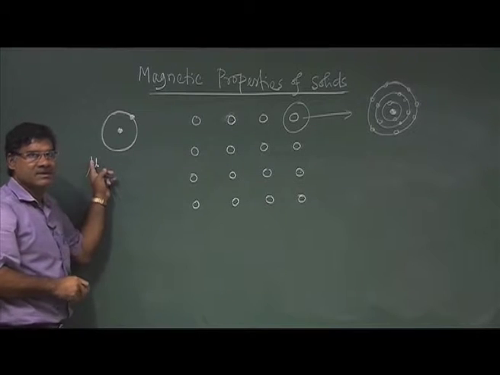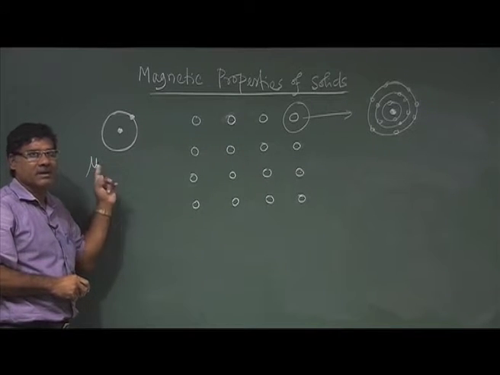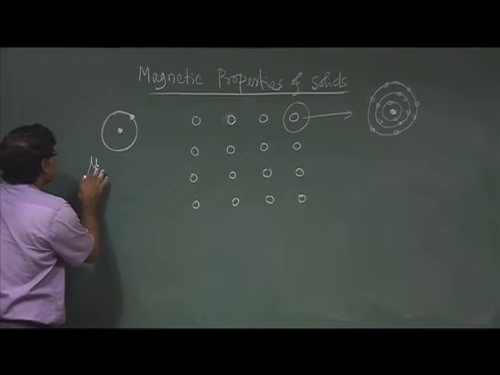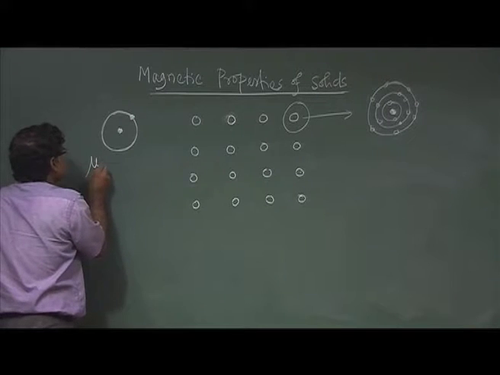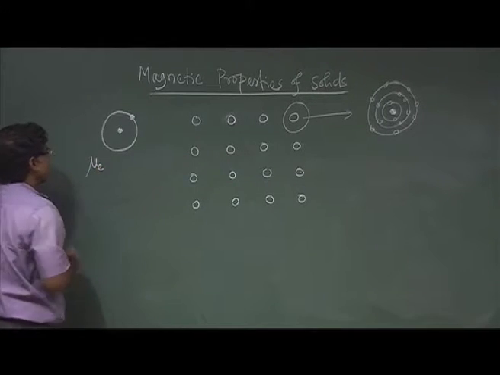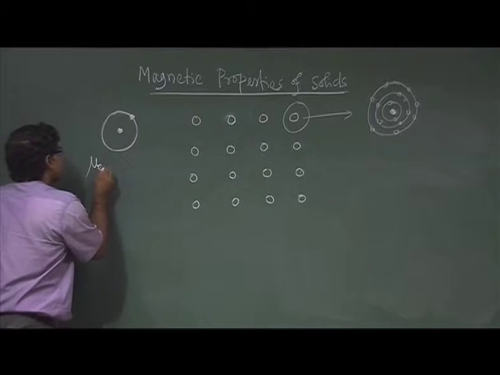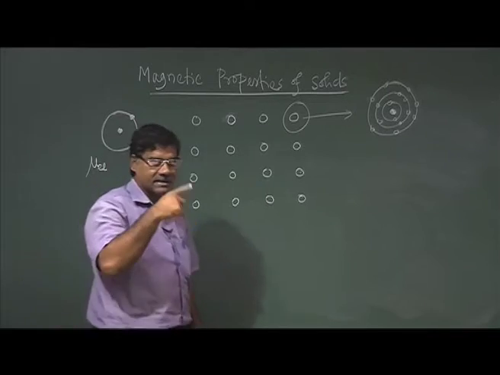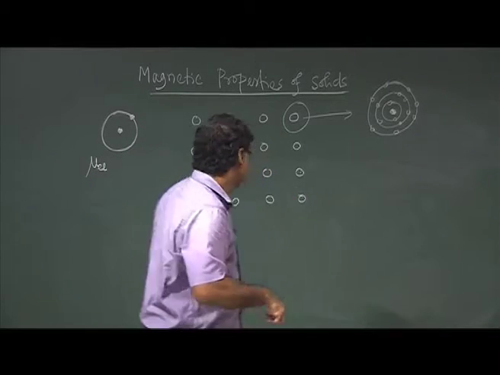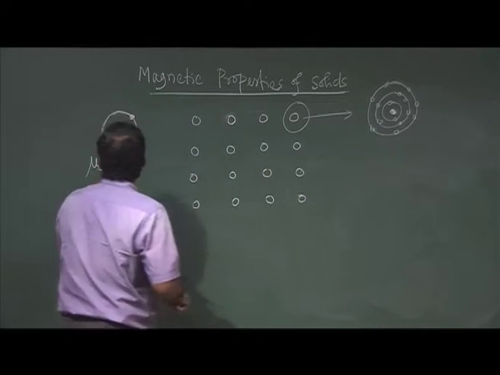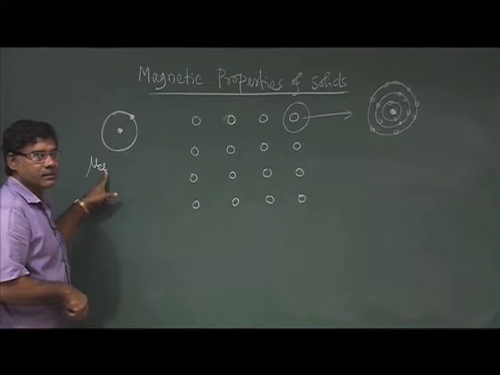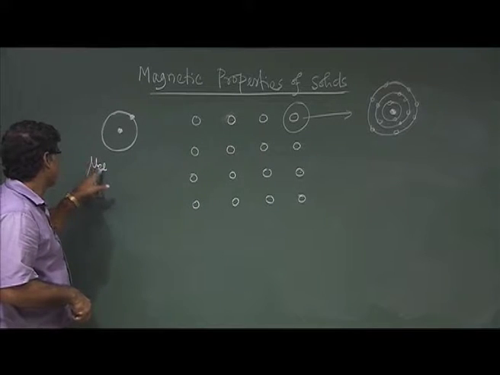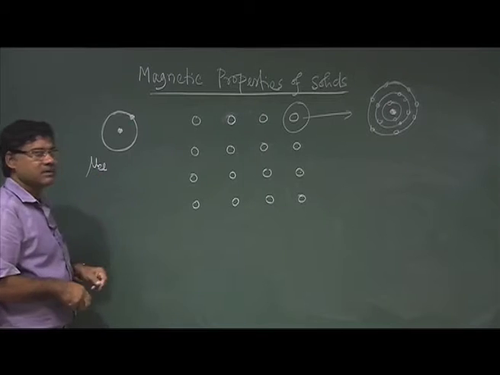See, this mu is the dipole moment, it is not the permeability. So mu I am writing for the electron, and for orbital motion, which has angular momentum L. So I am writing this magnetic moment for orbital motion, mu E L, right.